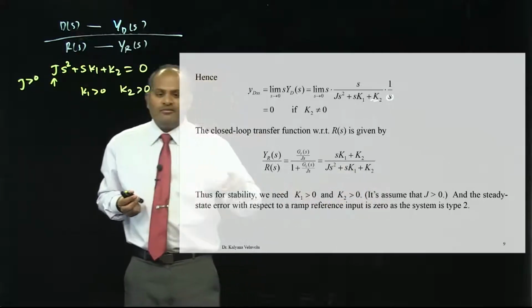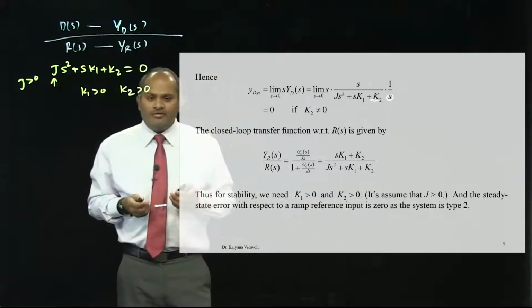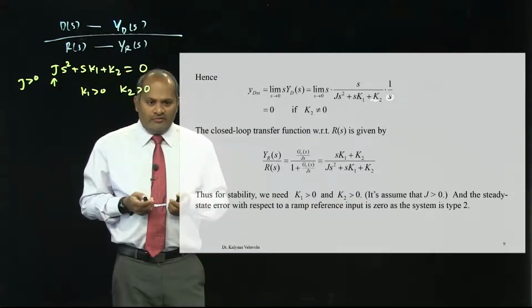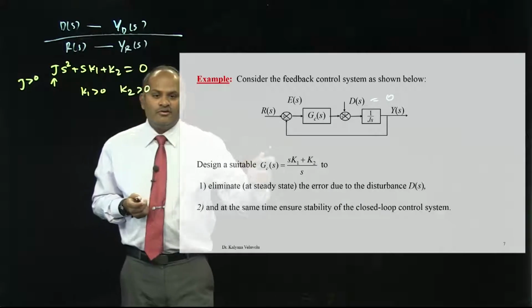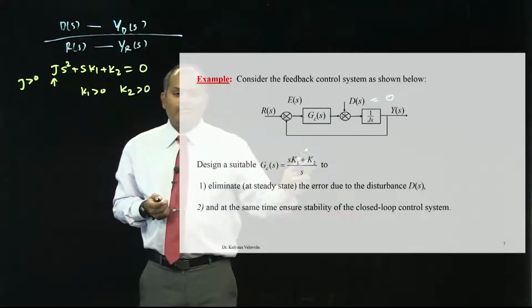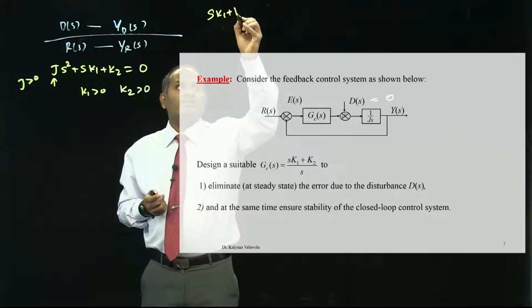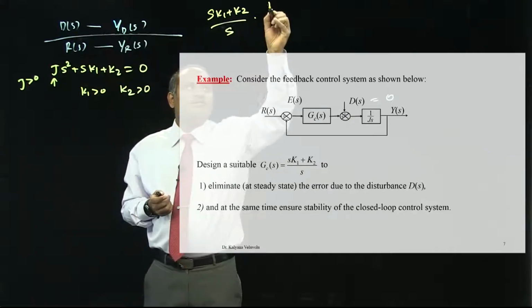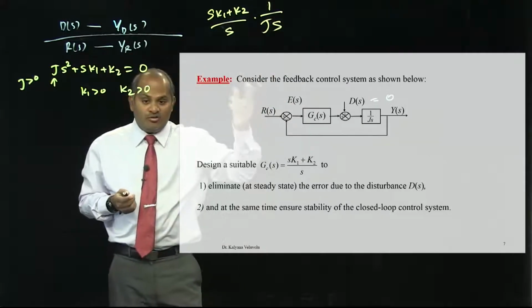And the steady state error with respect to ramp reference input is 0 as the system is type 2. Now, let us see what is the type of this system. You have the controller (sK1 plus K2) by s, and you have 1 by Js squared. So, sK1 plus K2 by s into 1 by Js squared, you see I have 2 poles at the origin.